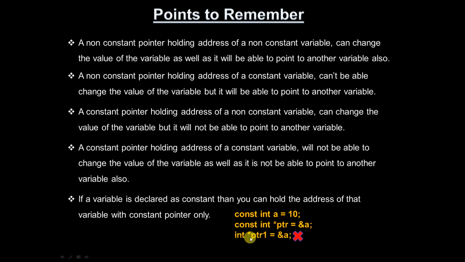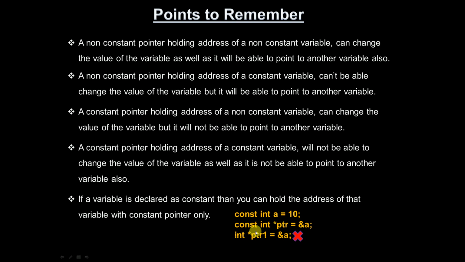Why is it not allowed? If it is a normal pointer, it is a non-constant pointer to a non-constant value. By using this syntax, I can assign *ptr1 = some value, but actually this is a constant variable. Constant means once the value is given, you are not supposed to change it. The value is fixed and cannot be modified.